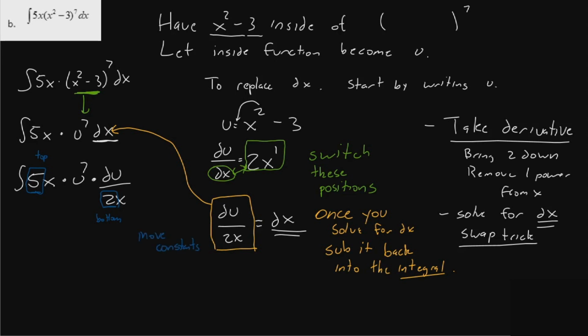We will have now 5 on the top, 2 on the bottom. Take it outside of the integral because we don't need them inside the integral. And we'll have x times u to the 7th du over x. But now, since you have x on the top and x on the bottom, they cancel out.